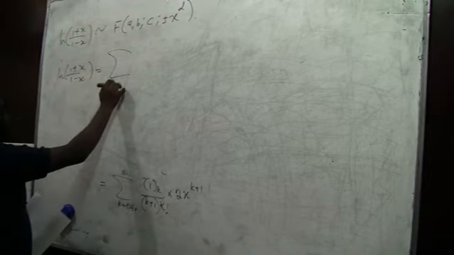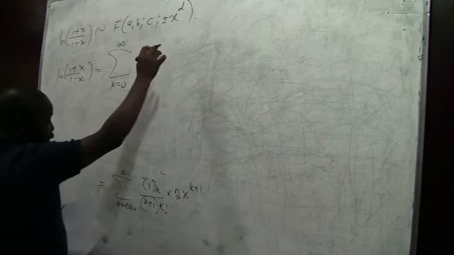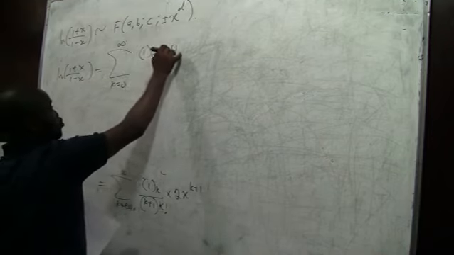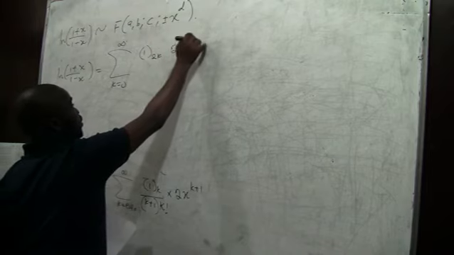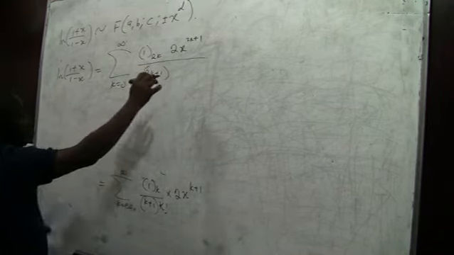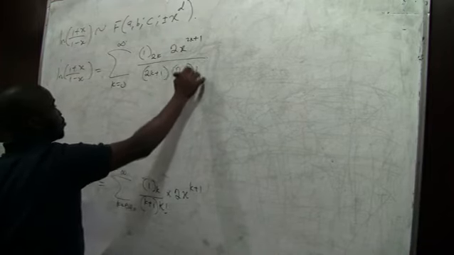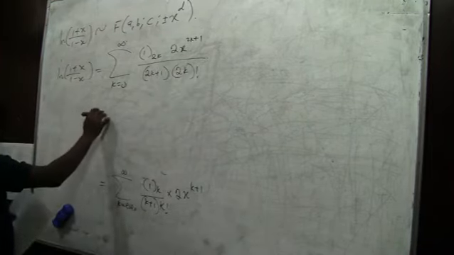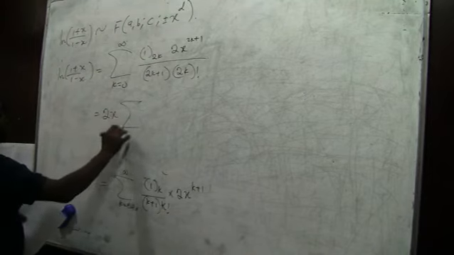So we have ln((1+x)/(1-x)) becoming summation k from 0 to infinity, I have (1)_{2k}, I have 2x raised to the power 2k plus 1 divided by (2k+1)(2k) factorial, which can be 2x summation k from 0 to infinity.